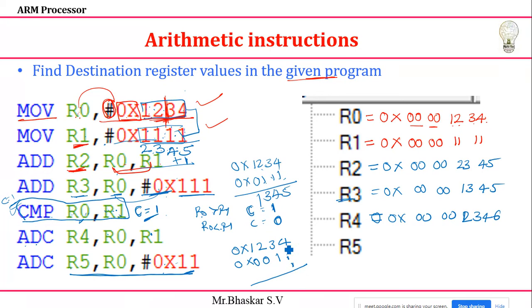Just add 4 plus 1 plus 1, that is 6, 3 plus 1 is 4, next it is 2, next it is 1. So 0x of 0, 0, 0, 0, 1, 2, 4, 6.